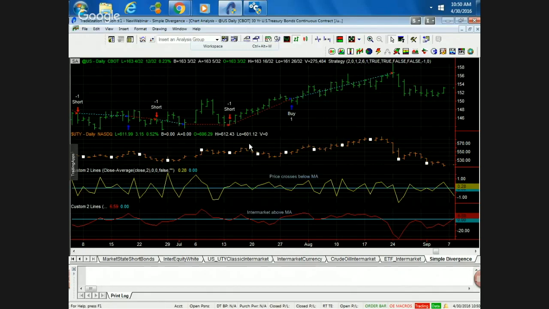We have our intermarket, which is the utility index, the Philadelphia index. And then below that we have these two squiggly moving average lines. So what are those? Okay, this is close minus a 2 period moving average of close.